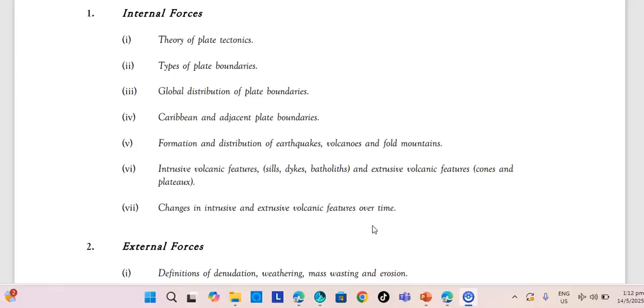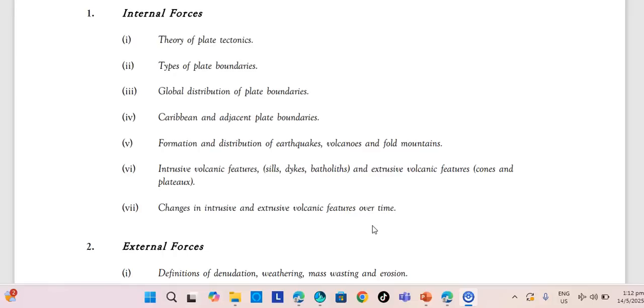Intrusive features, we did say those are happening inside the earth. Like sills, dikes, and batholiths, they form underground. Over thousands or millions of years, the rocks above them get worn away by weathering, which could be caused by rain, wind, and temperature changes, and also erosion.